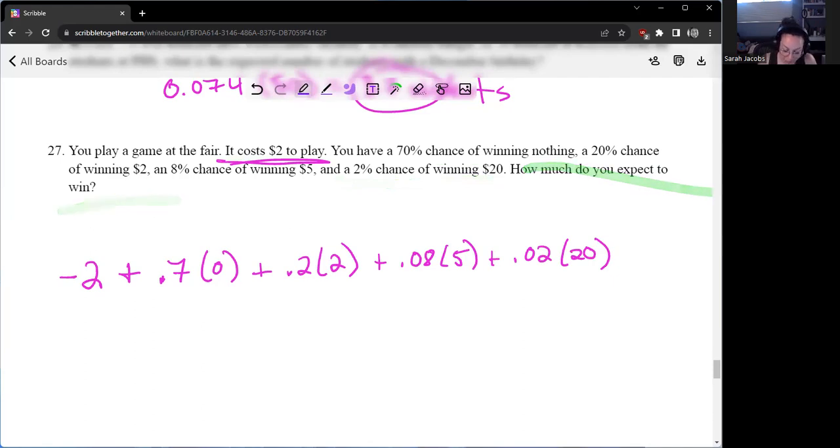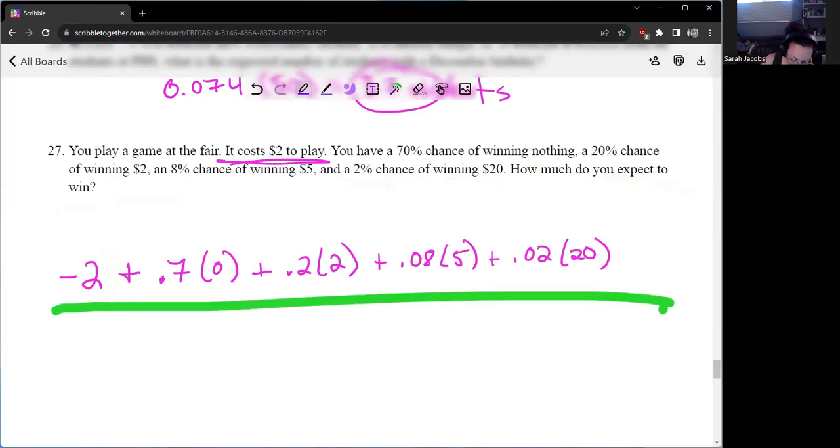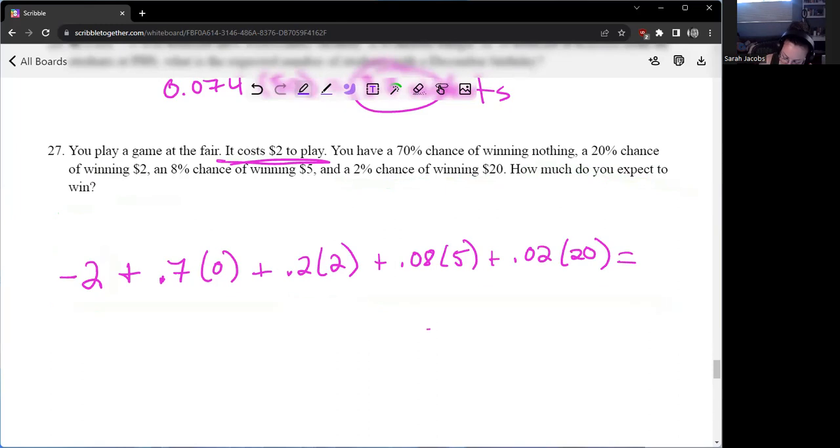So I'm factoring in that it costs $2 to play because that might change our calculations. So pop that in a calculator, and I believe it comes out as negative $0.80.